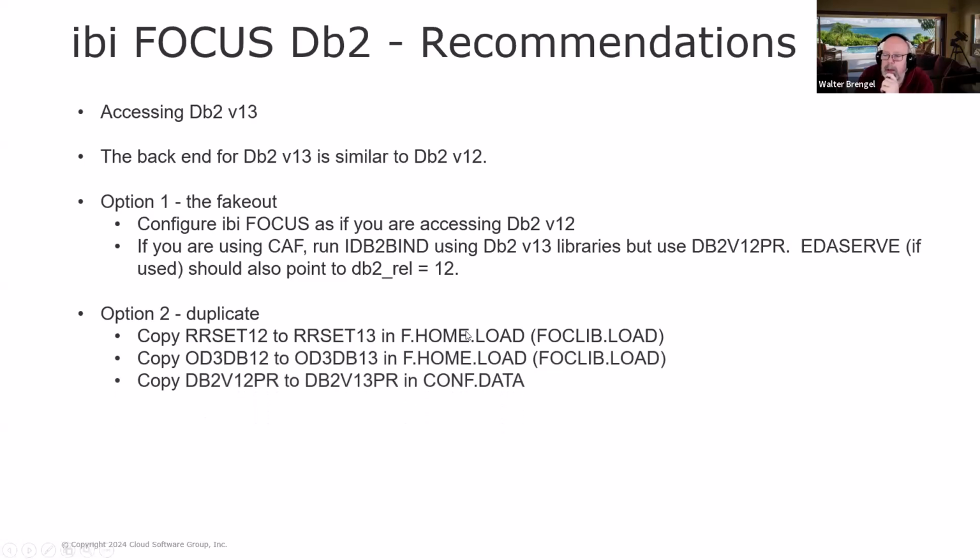And then we're going to copy the DBV12 PR to DBV13 PR in conf.data. So now you have everything you need as far as 13 versions, where you can just use db2_vel13 and follow everything in the previous installation information. So we don't have it, but it's doable.